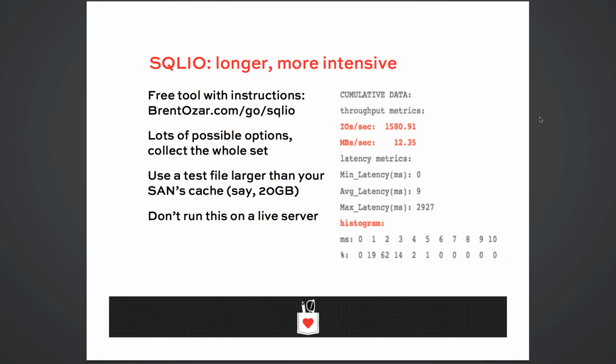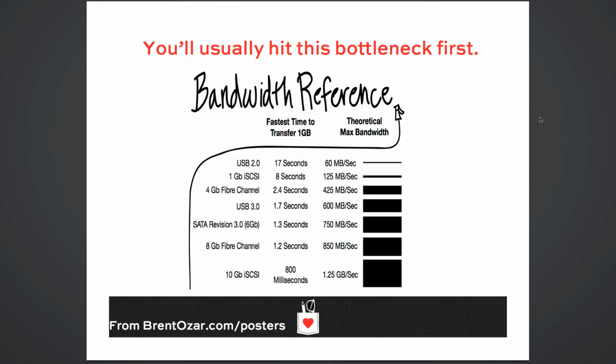In either case, whether you're using Crystal Disk Mark or SQL.io, you're usually going to hit your cable's bottleneck first. For example, if you have 4 gig fiber channel, you're going to cap out lower than 425 megabytes per second. No matter which tests you run, you might keep running up against, say, 300 to 350 megabytes per second, because those numbers on the right-hand side are theoretical max bandwidths.